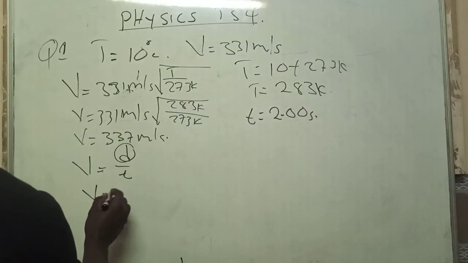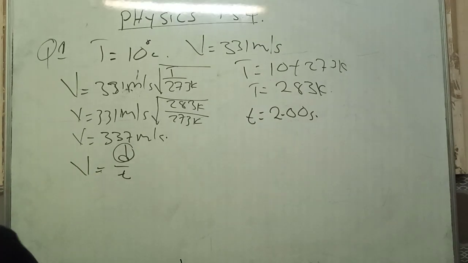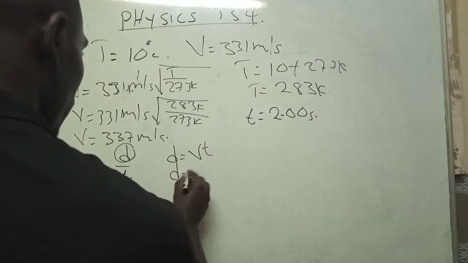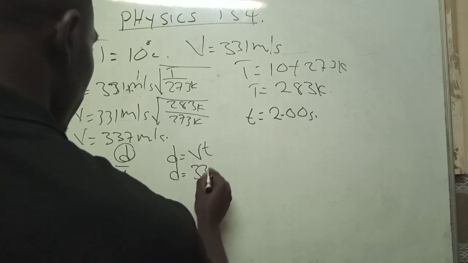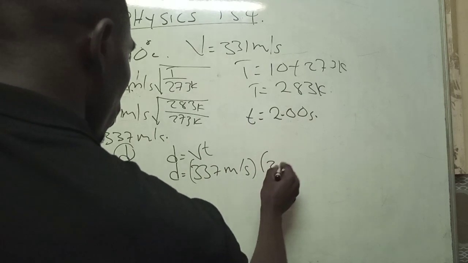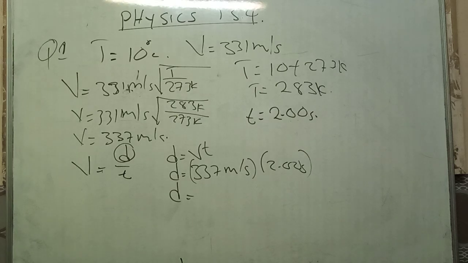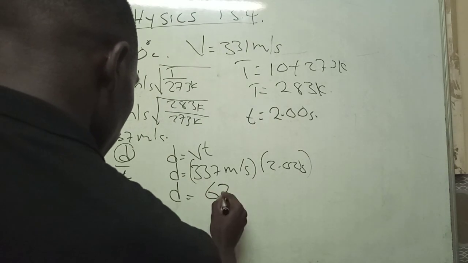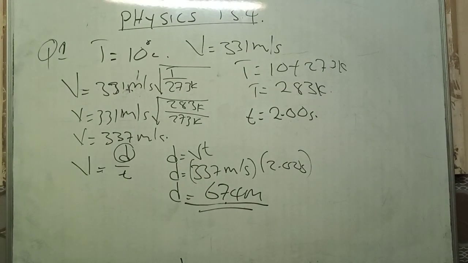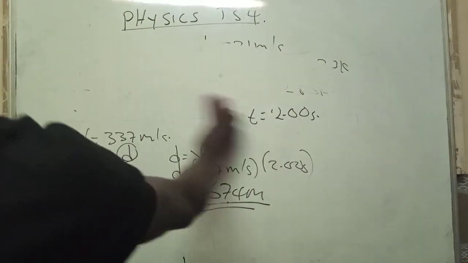So we make d the subject of the formula, then we have d is equal to vt. d is equal to the velocity, 337 meters per second, times the time, 2.00 seconds. Our distance, if you do the math there, we are supposed to find 674 meters. So that is question 1, done with question 1.